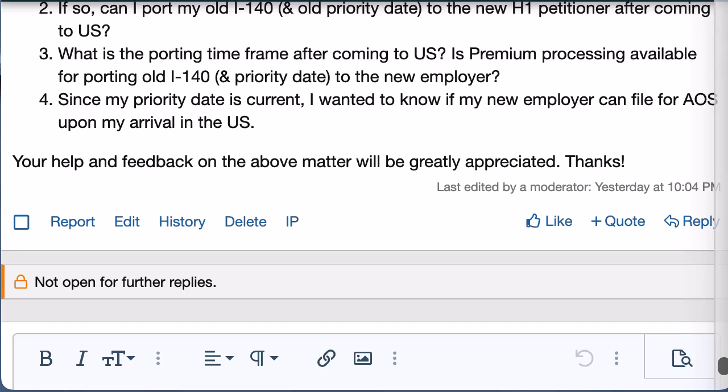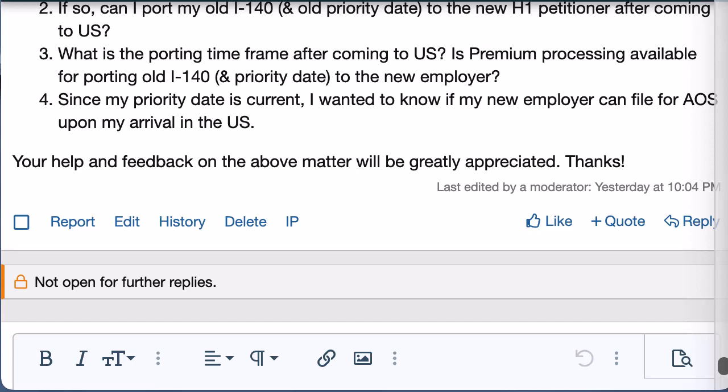Currently, what we have decided is to process my H-1B as premium processing so that I can get H-1B approval quickly, and also convert the petition process to a consulate petition.